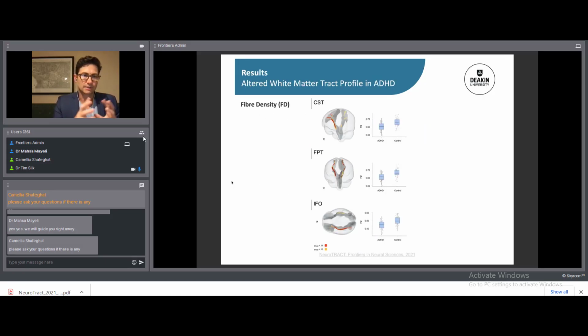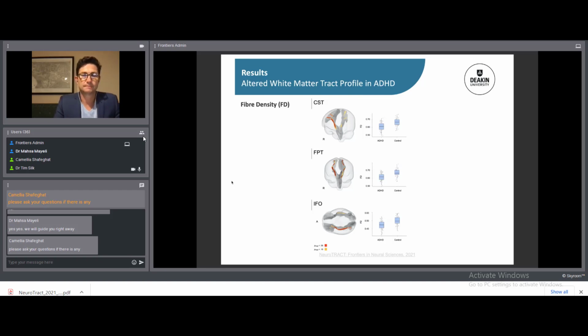So taking all these fibre bundles, we looked at differences between ADHD and control within the fibre density and fibre cross-section. We found lower fibre density, particularly within the corticospinal tract, the frontopontine tract, as well as the inferior frontal occipital fasciculus. So in these regions, ADHD presented with lower fibre density.